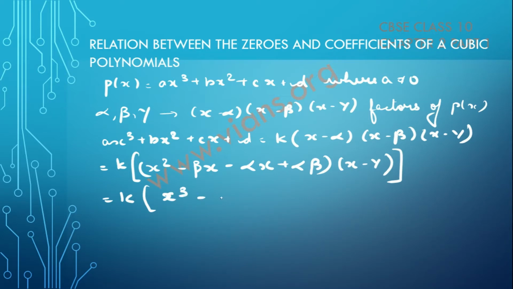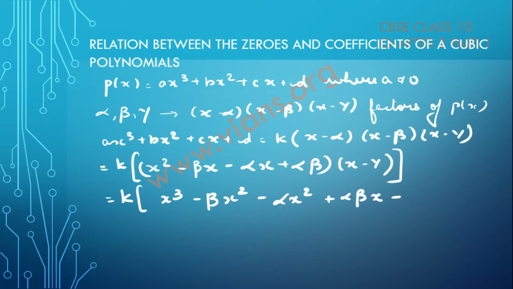x cube minus beta gamma x minus alpha gamma x plus alpha beta gamma, or actually alpha beta, sorry, this can be written as k into x cube minus, multiply x by this thing, so beta x square minus alpha x square plus alpha beta x minus gamma x square plus beta gamma x plus alpha gamma x plus alpha beta gamma.